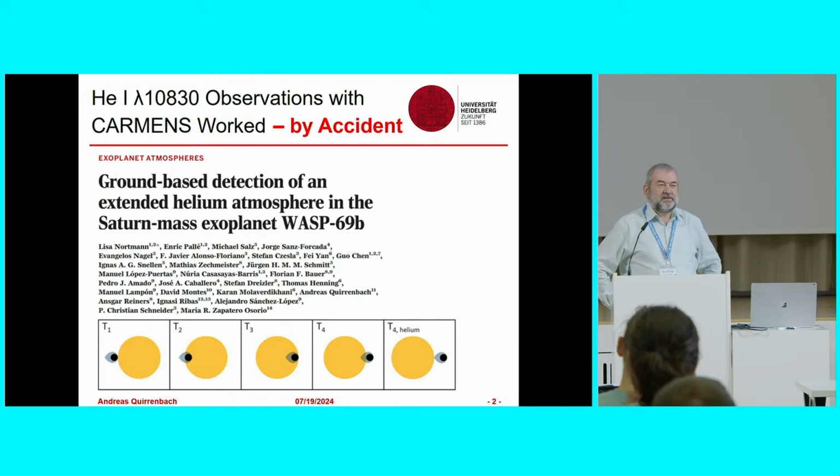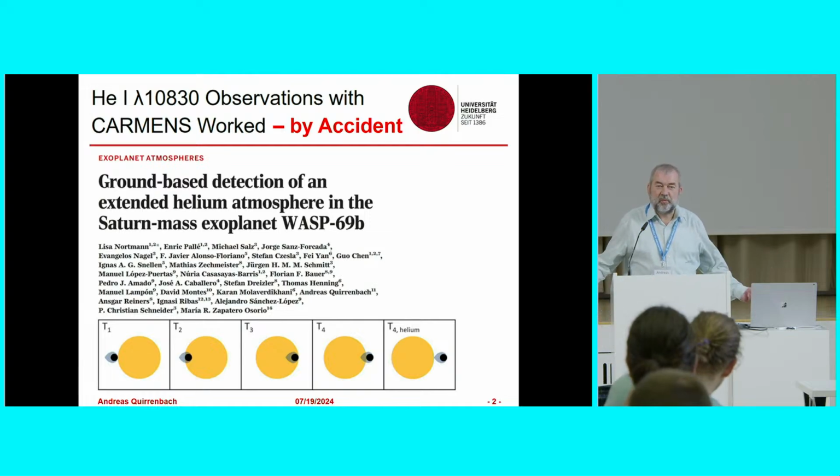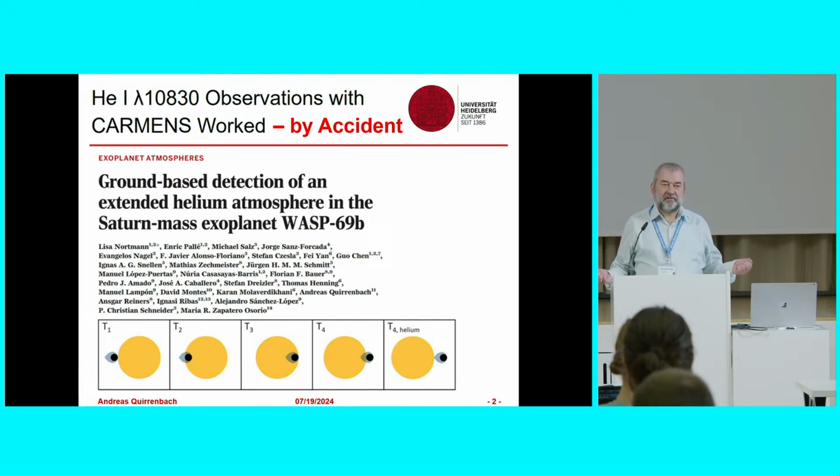We built the instrument as a radial velocity machine, and I was very adamant about not allowing any other science case to be considered because it was difficult enough that way. And so the instrument, for instance, has two infrared detectors. By coincidence, the helium line could have been in the gap between the two detectors, and these observations would not have been possible. And there are a number of other ways in which the instrument could have fulfilled its specified purpose, but be useless for this line.